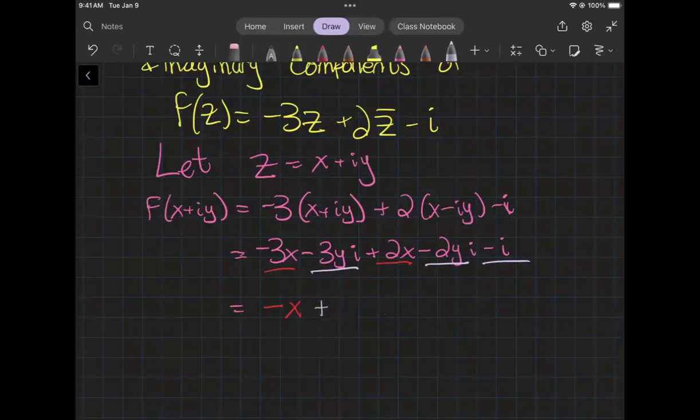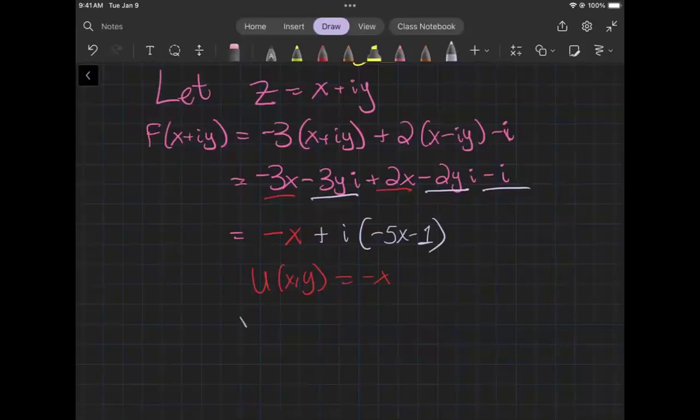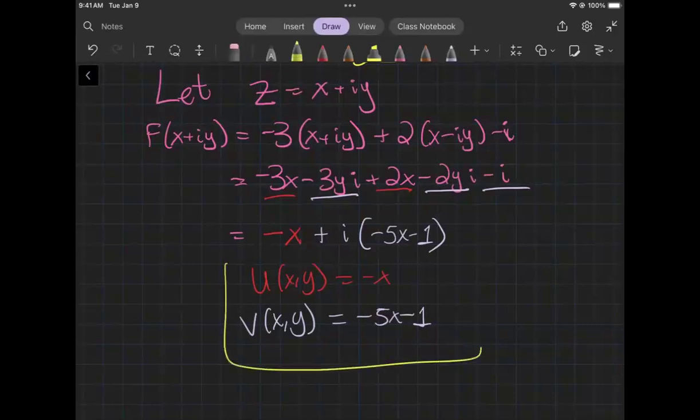Maybe I'll write it like this, plus i times minus 5y minus 1. Okay. So the real component is minus x, and then v, the imaginary component, is minus 5y minus 1.